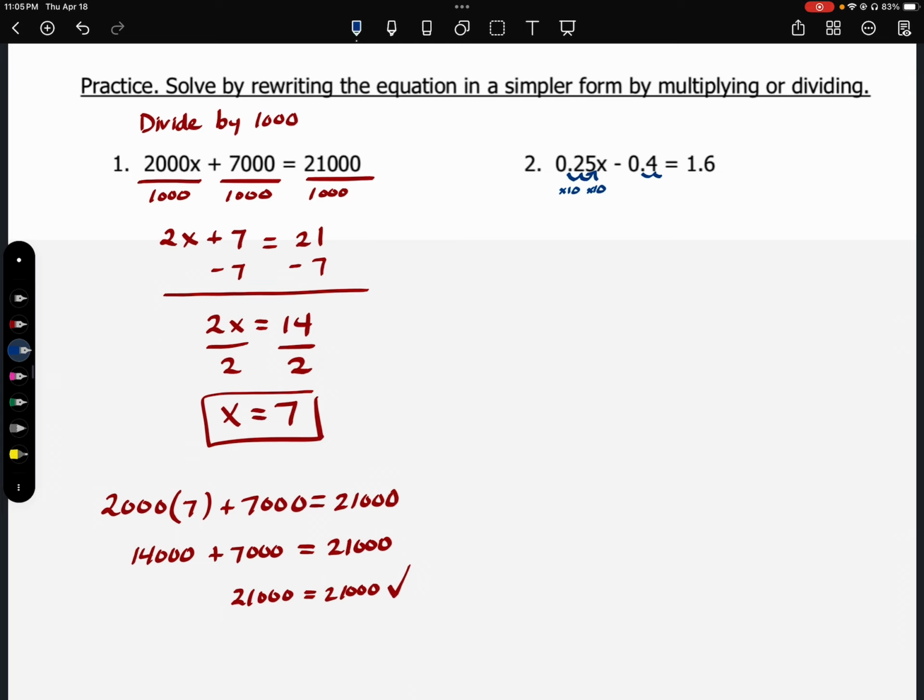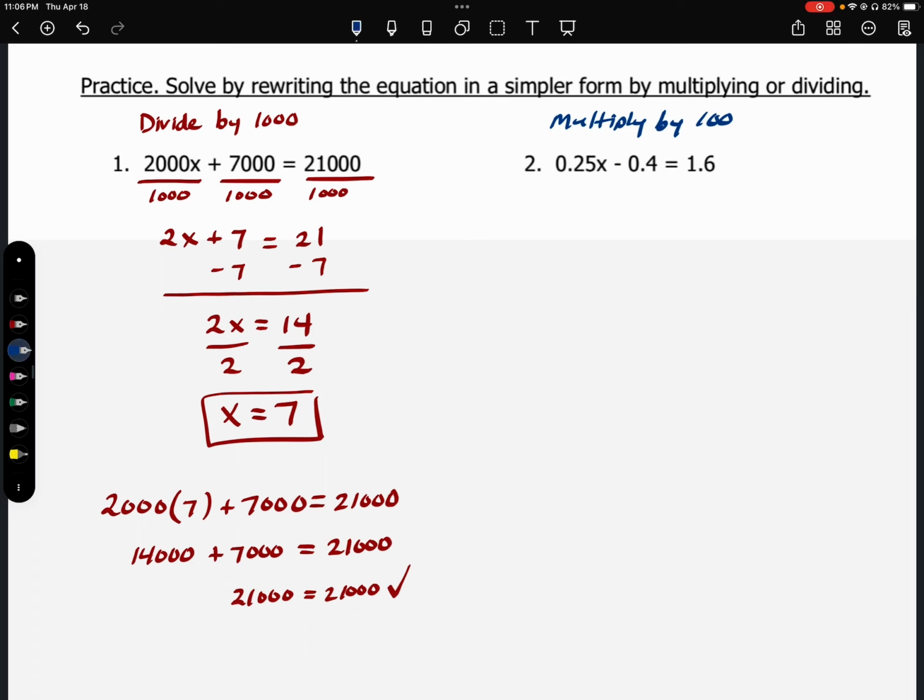And on both of these, I would only have to multiply once, but since I have to do the same thing to all of them, I'd have to move each of these over 2 spaces as well. So we're going to multiply by 100, simply because we have 2 decimal places in that first number. Let's go ahead and do it now.